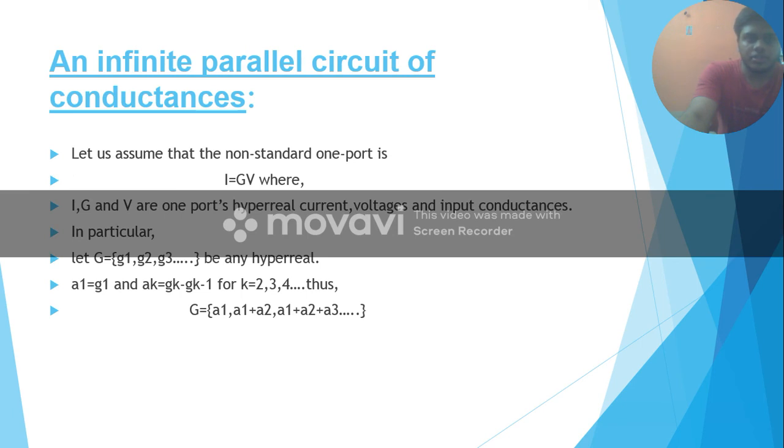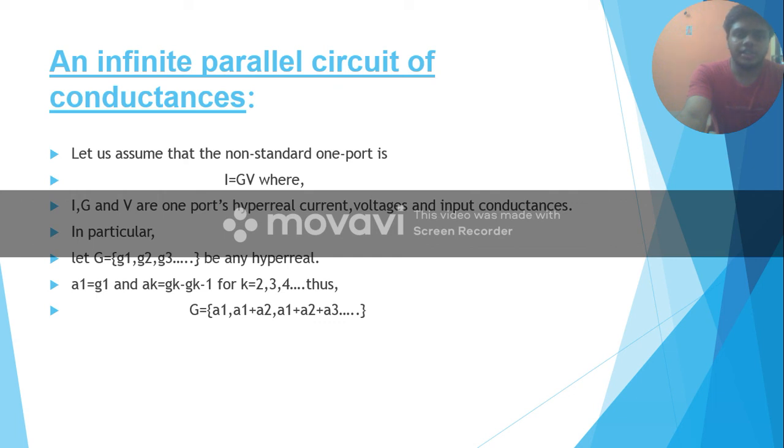Let us assume for a non-standard one port, I is equal to GV, where G is equal to G1, G2, G3 and so on, be any hyperreal. A1 is equal to G1, AK is equal to GK minus 1, and K runs from 2 to 3, 4.